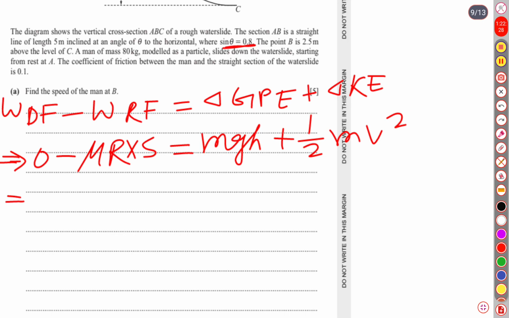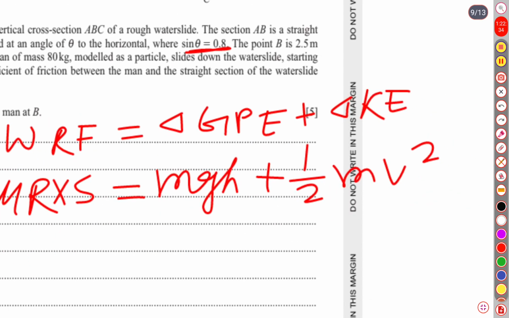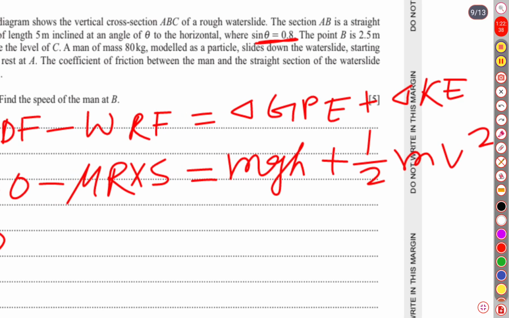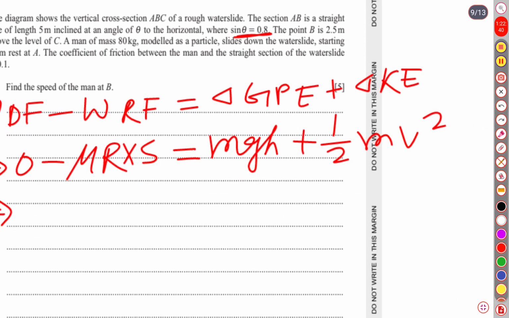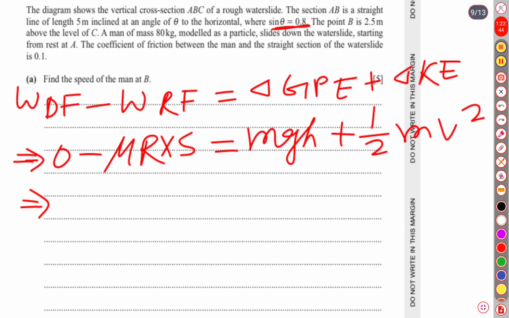Then if we simplify more, our mu is given, how much is our mu? Let's see the mu. Yes, mu is over here. Look, the water slide states the frictional coefficient, mu, is 0.1.